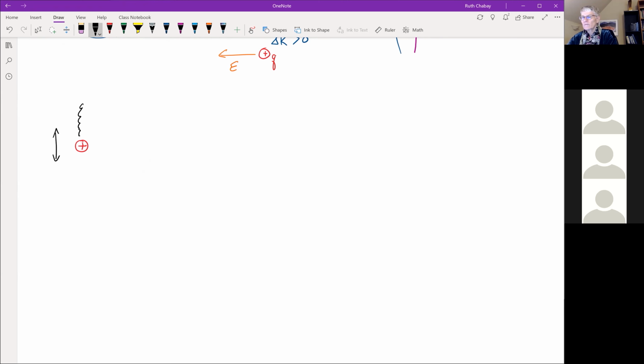Well, you can probably see without going through the math, although we can go through the math, that it's going to be accelerated this way, and then that way, and then this way, and that way, as its momentum changes.